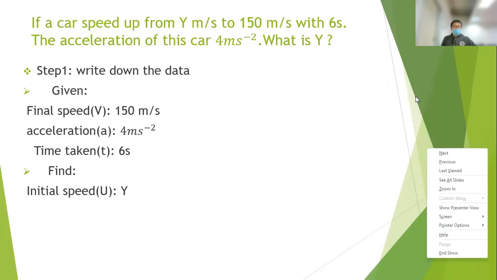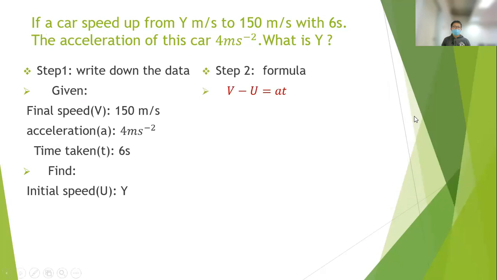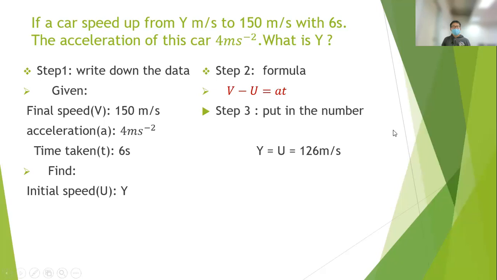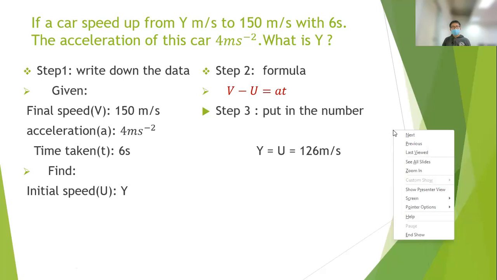But the steps are the same. We just repeat: write down the data, write down the formula, and put in the number. So this is the answer: 126 meters per second. It's all the same, but I hope you guys can give me the answer.